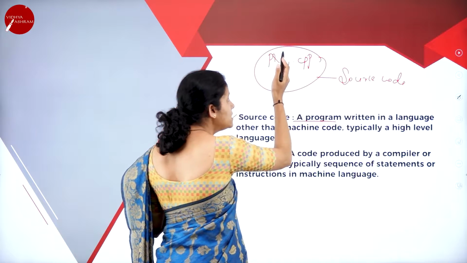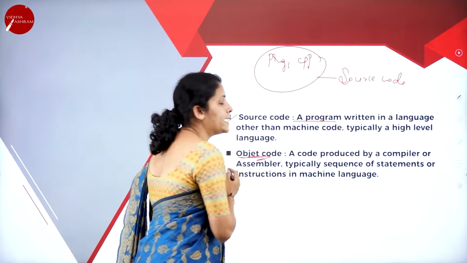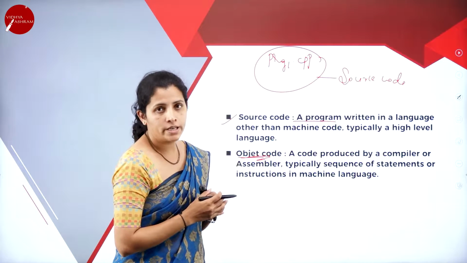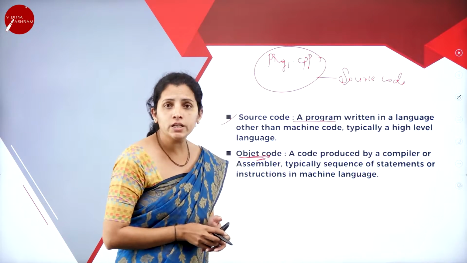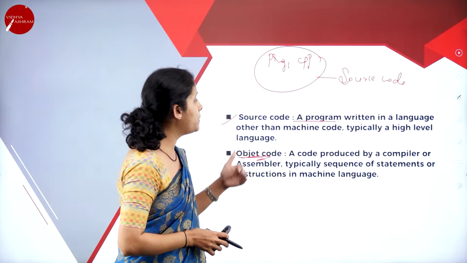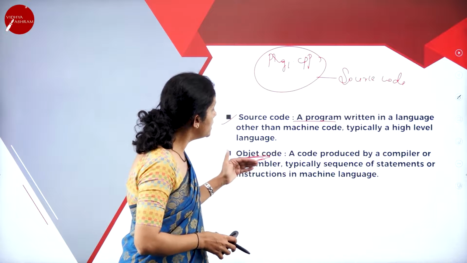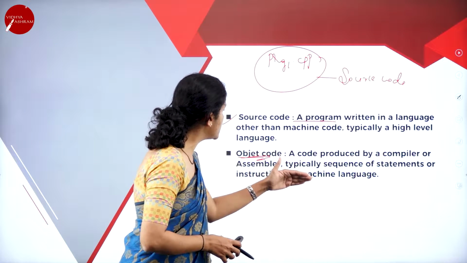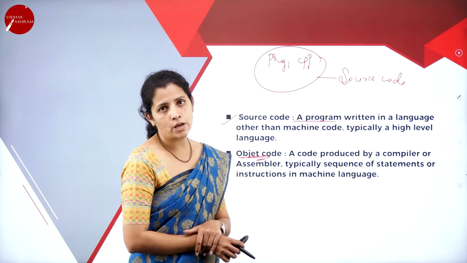Once I compile this program, after that whatever the output I'm going to get, that is called object code. Now what is the object code here? Here object codes are produced by the compiler or assembler and are typically a sequence of statements or instructions in machine language.